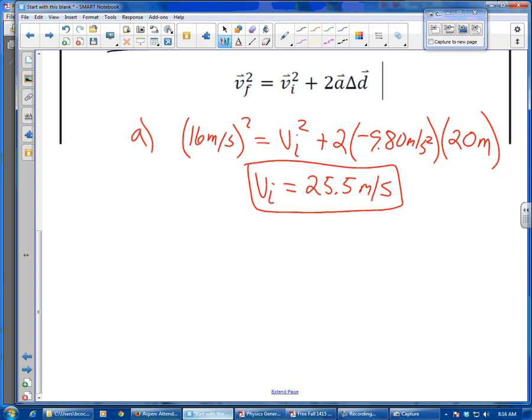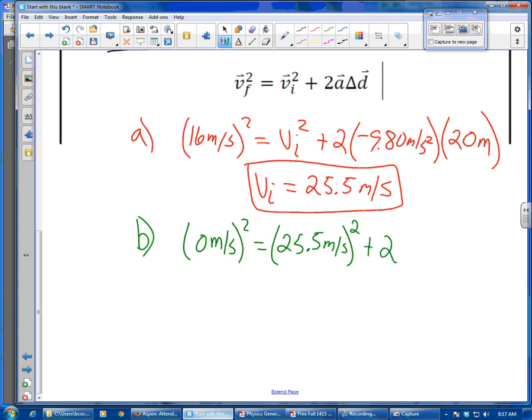Nope. All right. For part B, I'm looking for its height, altitude it reaches. I know that its velocity is going to be 0 up there at the top. You guys help me put that into the y. I'm going to stick with my same equation. I know it's 0 meters per second. Its initial velocity, I'm going to use it from when it started on the ground, squared, plus 2 times negative 9.80 meters per second squared.